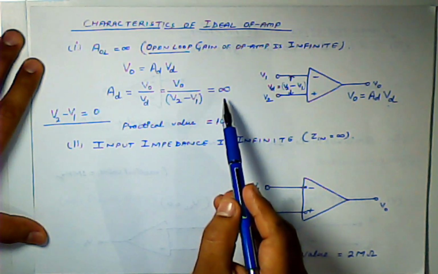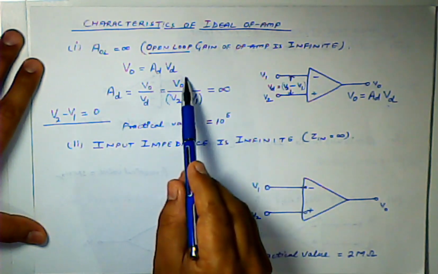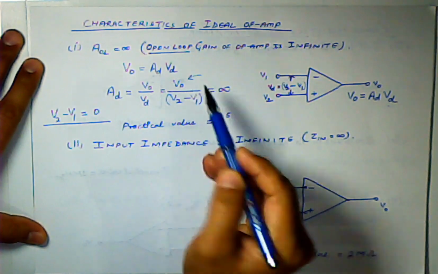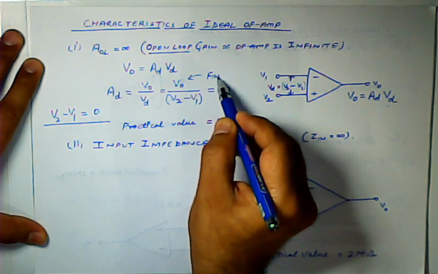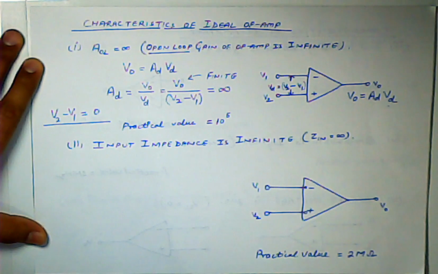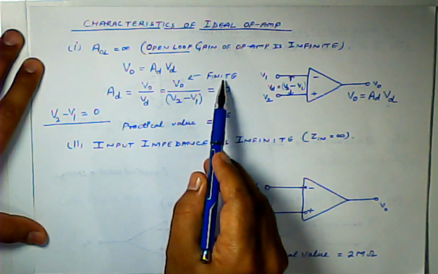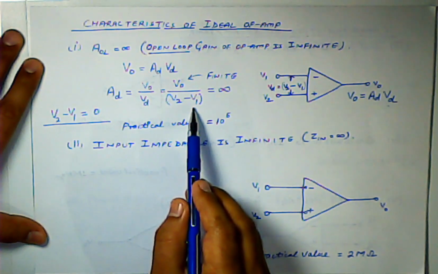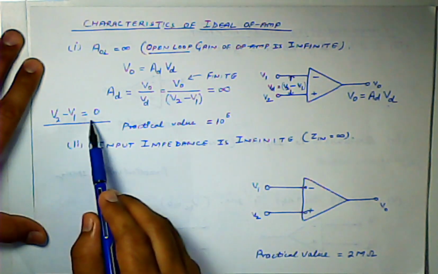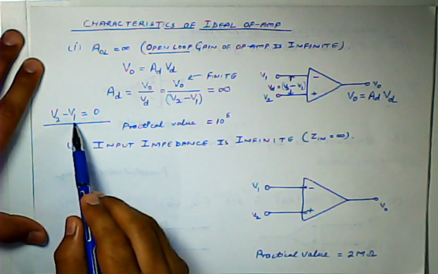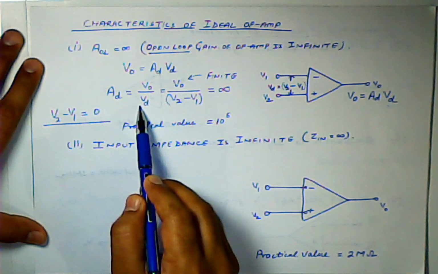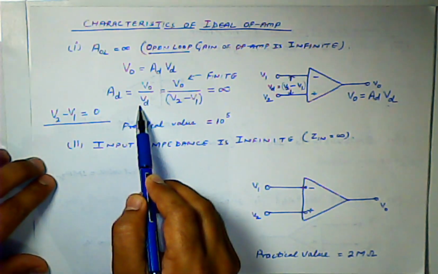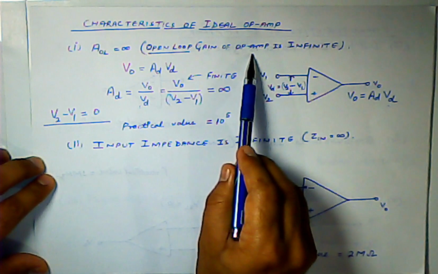So to get a finite output voltage, if you want this value V0 to be finite, the denominator term V2 minus V1 should be 0, or you can say the differential input should be negligibly small, but this is the condition of an ideal op-amp.